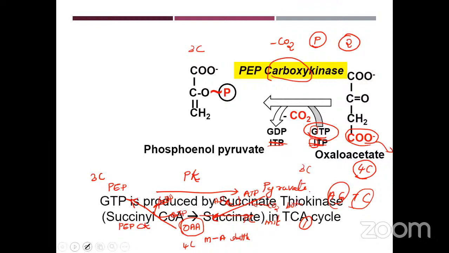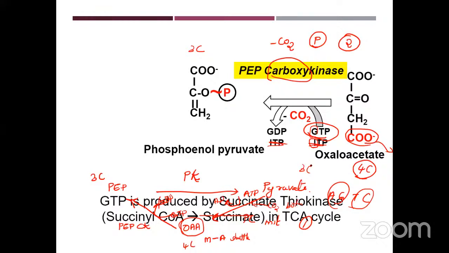Okay, ma'am. So GTP comes from the succinate thiokinase reaction in the TCA cycle. Instead of ATP, the succinate thiokinase reaction produces GTP.